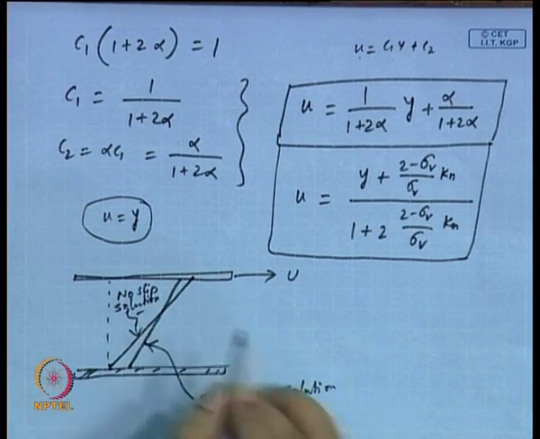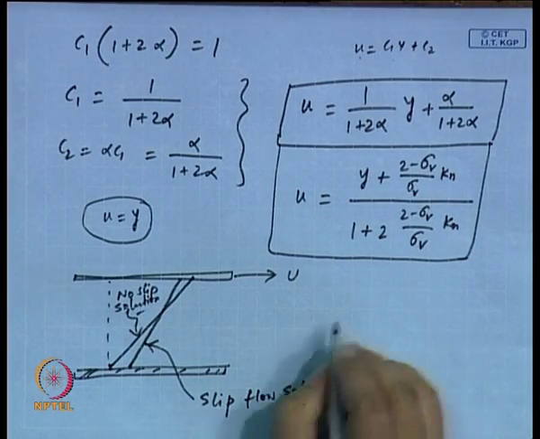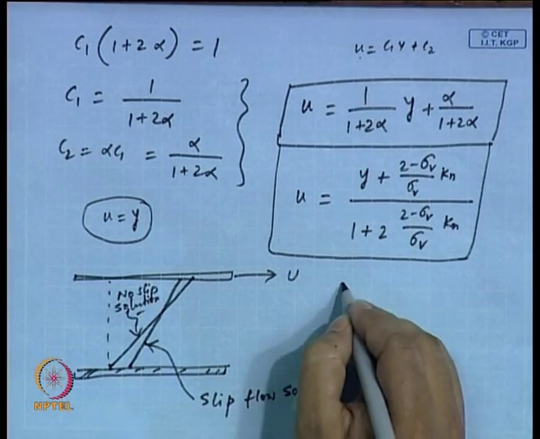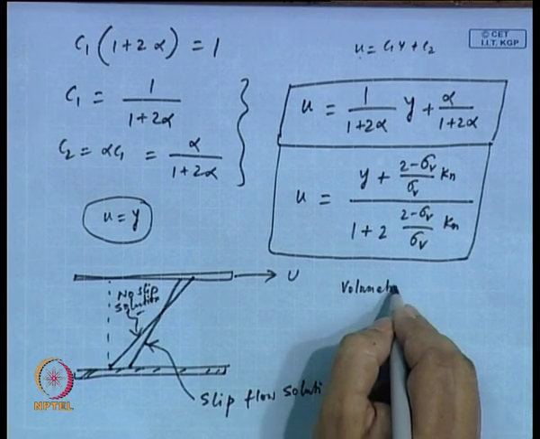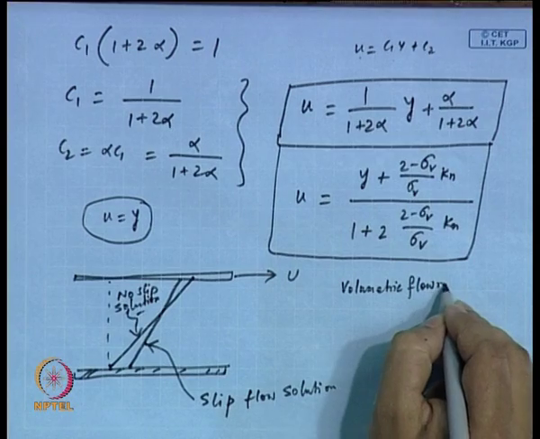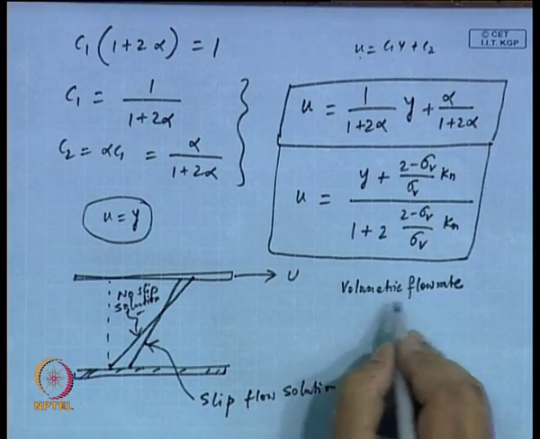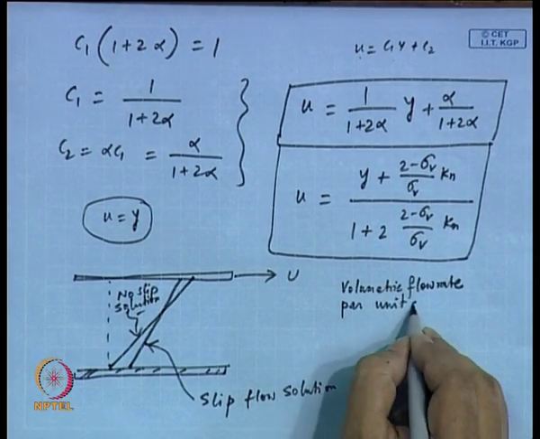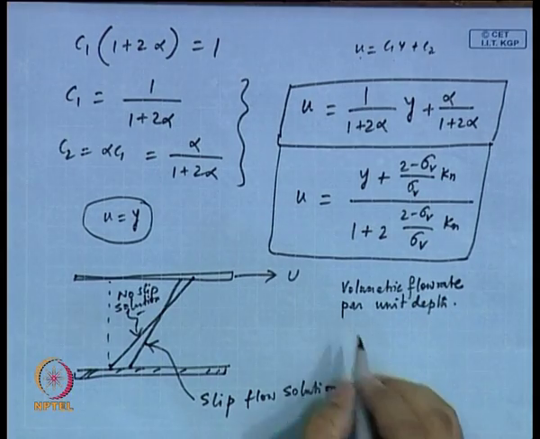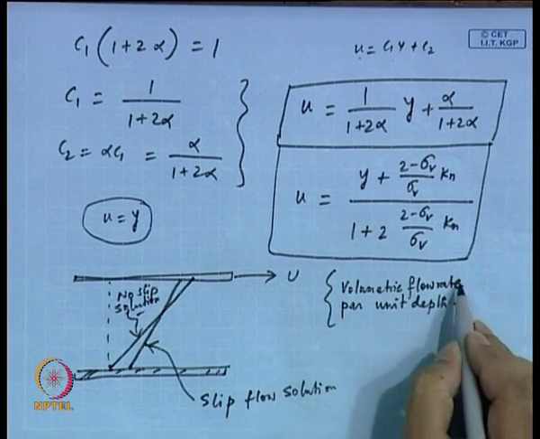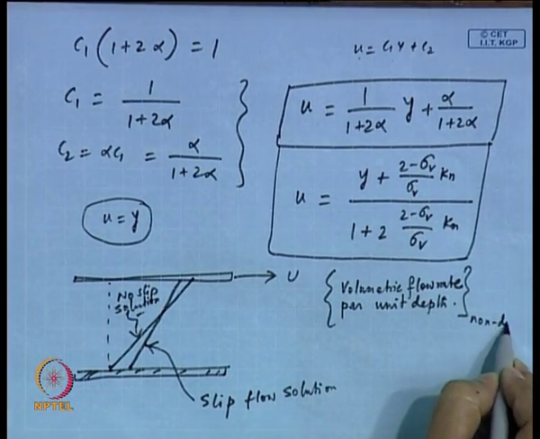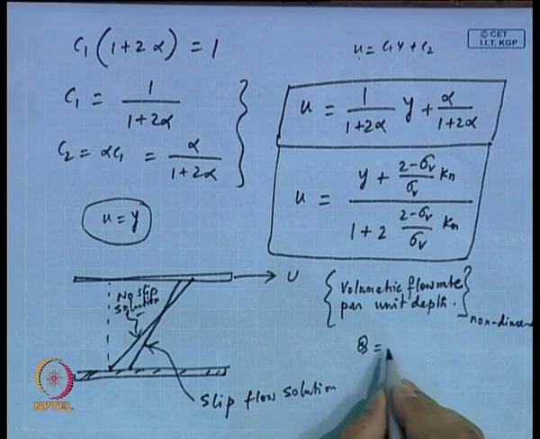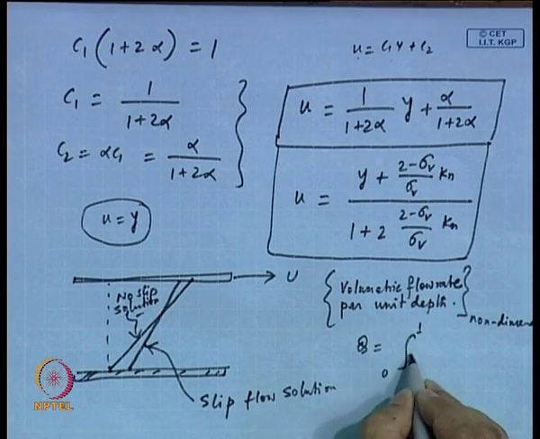Now, if somebody wants to know the volumetric flow rate per unit depth, depth is perpendicular to the paper, and if somebody wants to know this in non-dimensional form, then what he will do is he will find this q running from 0 to 1 u dy.